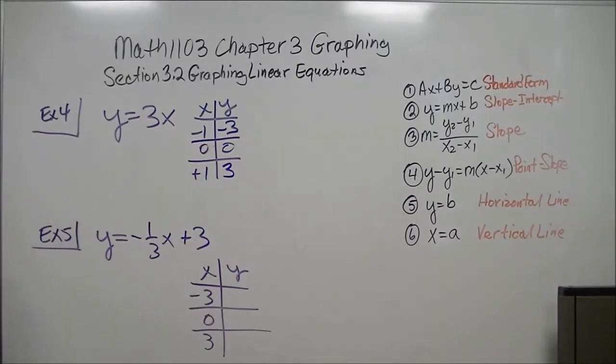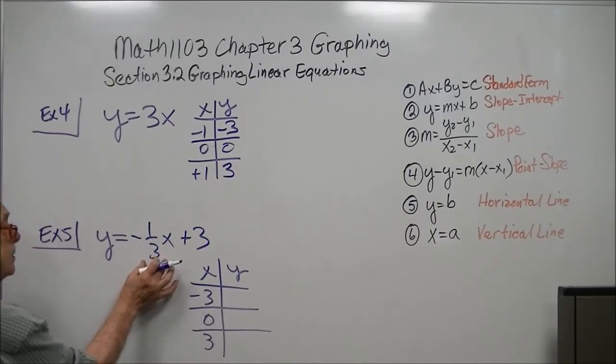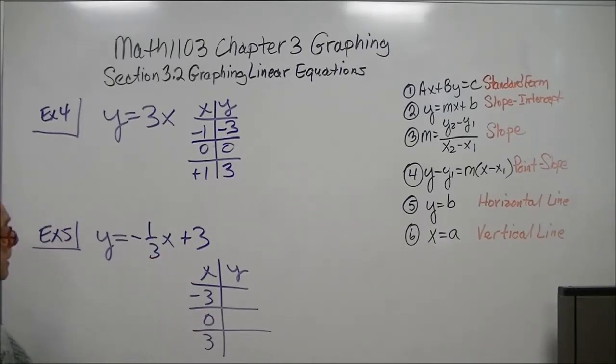Now here it's a little different when I set the t-chart up. I didn't use a -1 and a +1. Because of the fraction, I chose multiples of my denominator. So I'm going to use a -3, so the 3's cancel out, and I get whole numbers. So this is a case where we don't use these, but we specialize it so that we can work with the fraction that's there.